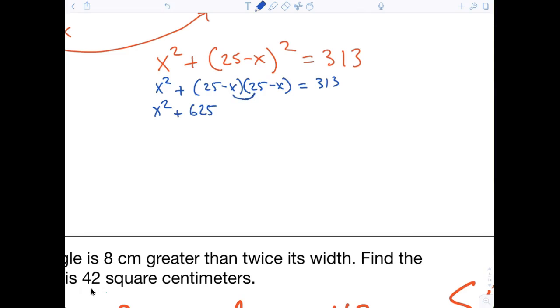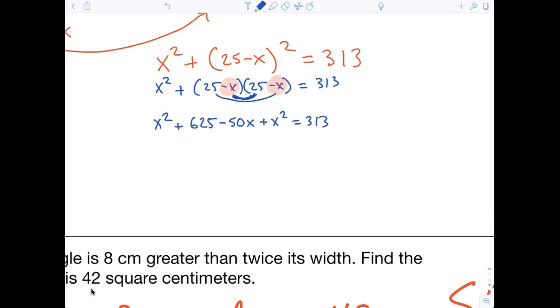Now watch. How much is that? Negative 25. Then how much is this? Negative 25. So altogether you have what? Negative 50x. Thank you. That is exactly correct. Then I multiply the negative x times the negative x, which gives me the positive x squared equals 313.